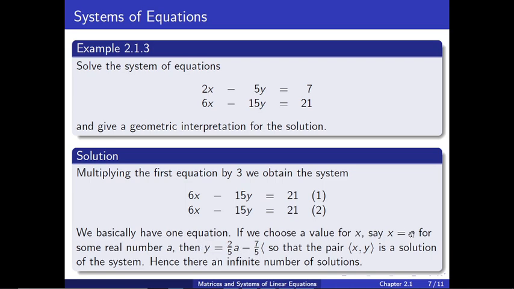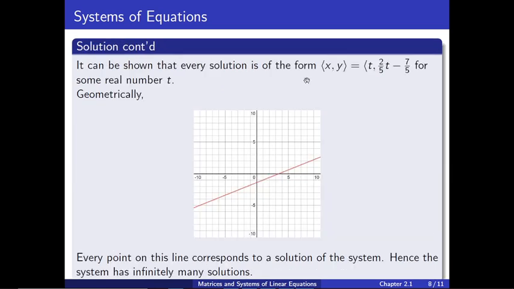So if we pick x is equal to 0, we find a value for y. If x is equal to 1, we find another different value for y. Therefore, we are going to have an infinite number of solutions for this system, and they can be written in this form: the vector (x, y) is equal to (t, 2 over 5 t minus 7 over 5) for some real number t.